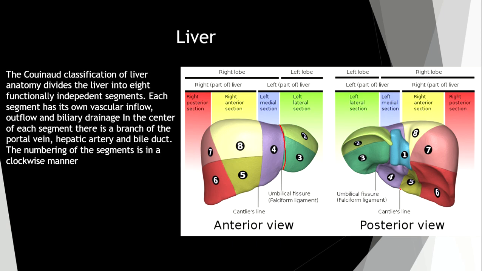So we have Cantlie's line, Rex-Cantlie. It begins from the placement of the gallbladder and goes to the placement of the inferior vena cava. This is really the division of the right lobe and left lobe of the liver.